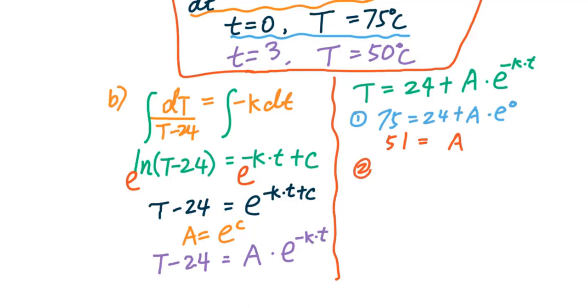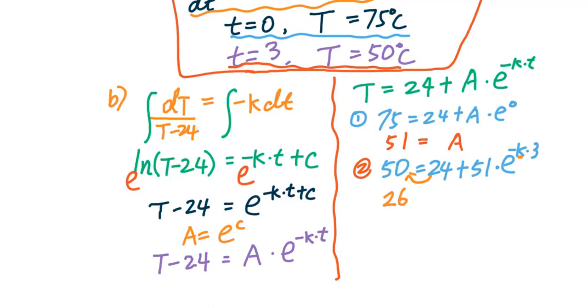For the second condition, t equals 3, capital T equals 50, you will get 50 equals 24 plus 51, because we got A equals 51, times e to the negative k times 3. To solve for k, subtract 24 from both sides, and you will get 26 equals 51 times e to the negative k times 3.